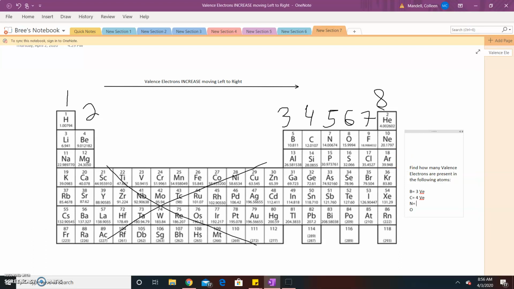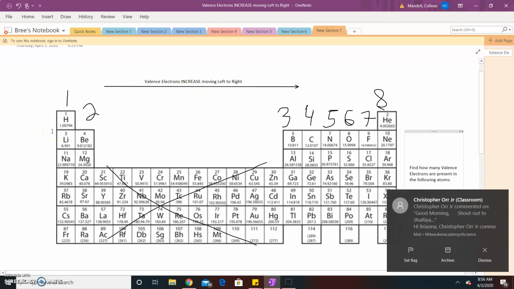Move over. Nitrogen, it's going to be right here. I see nitrogen is in this column with a 5 on it. And remember, I'm getting those numbers just by counting left to right. So 1, 2, 3, 4, 5. Even if you're not literally writing the numbers on, like if you're using a periodic table online, you can still just count left to right and know.